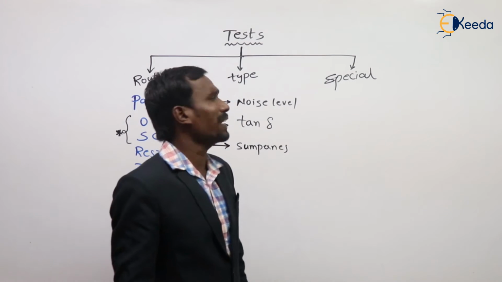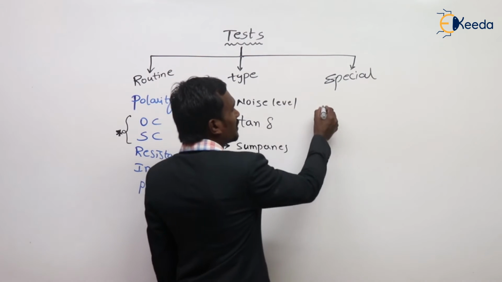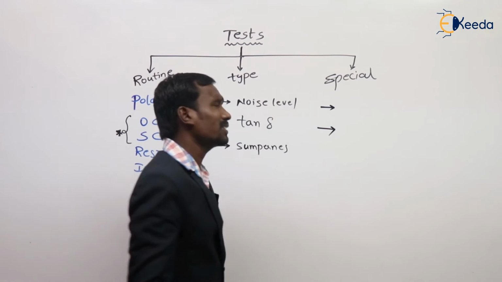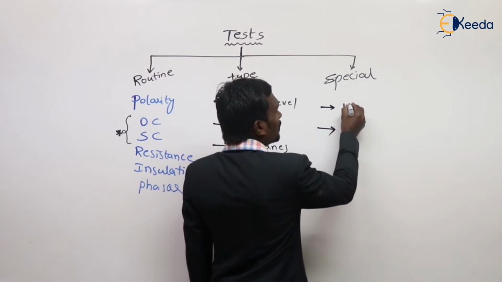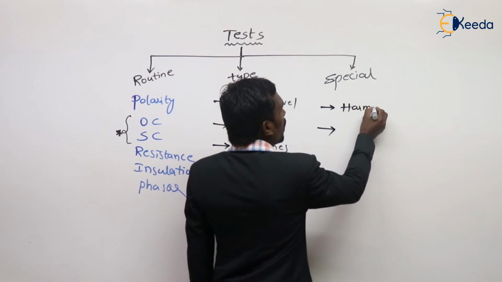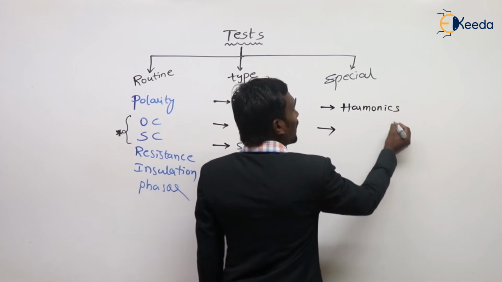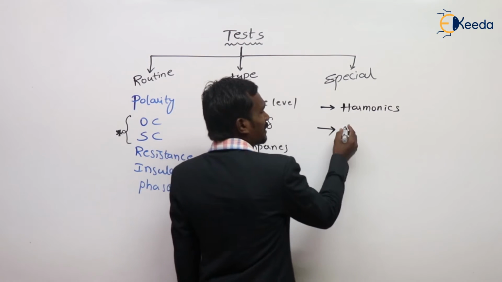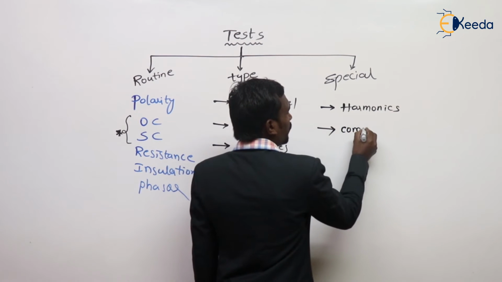And next one, the special test. These are done by the user or consumer in special cases. One is the harmonics analysis test, to analyze the harmonics, and the communication interference test, to analyze the communication interference.